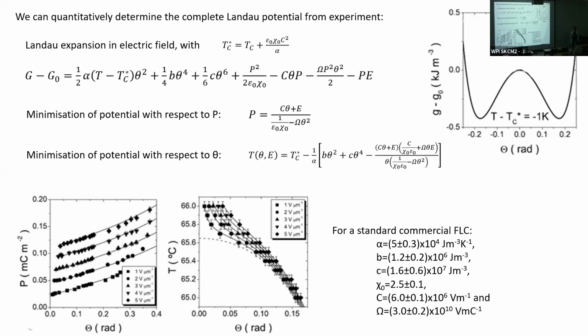So what you can do by using both of these equations, you can measure the polarization as a function of temperature and electric field. And you can measure the tilt angle as a function of temperature and electric field. And you can fit both of these simultaneously to both of these equations. And you can actually experimentally determine the complete Landau potential.